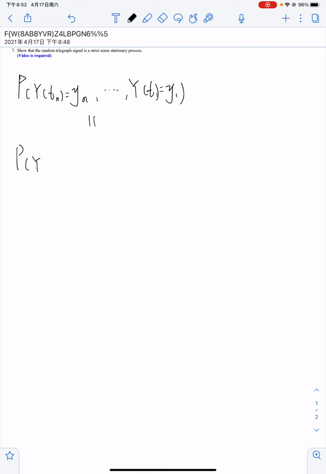If we write this condition, we want to show the probability that Y(t_n) equals y_n, with t_1 equals y_1, should be equal to the probability when the t_n shifted by epsilon equals y_n.